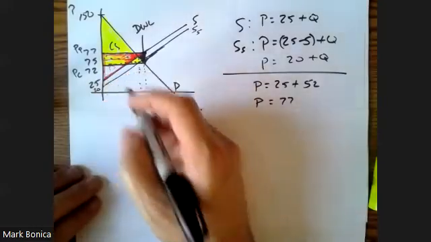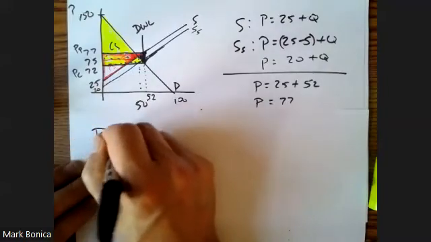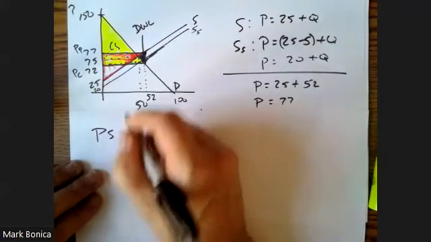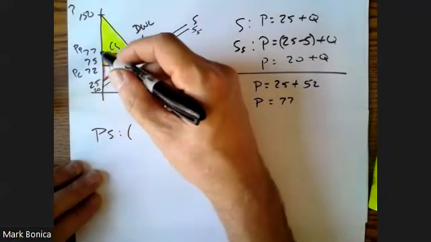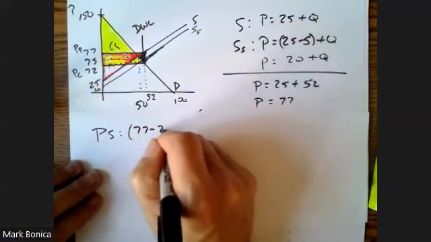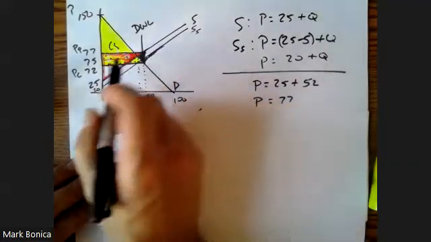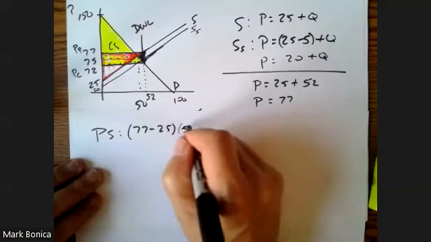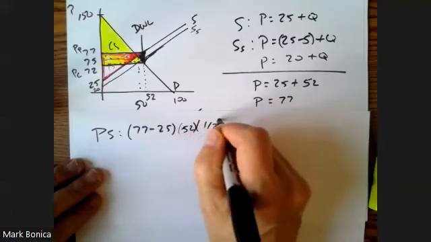So the new producer surplus under the subsidy starts at 25 and goes all the way up to 77. So 77 minus 25, that's the height. The width is now not 50, but 52, times 1/2.